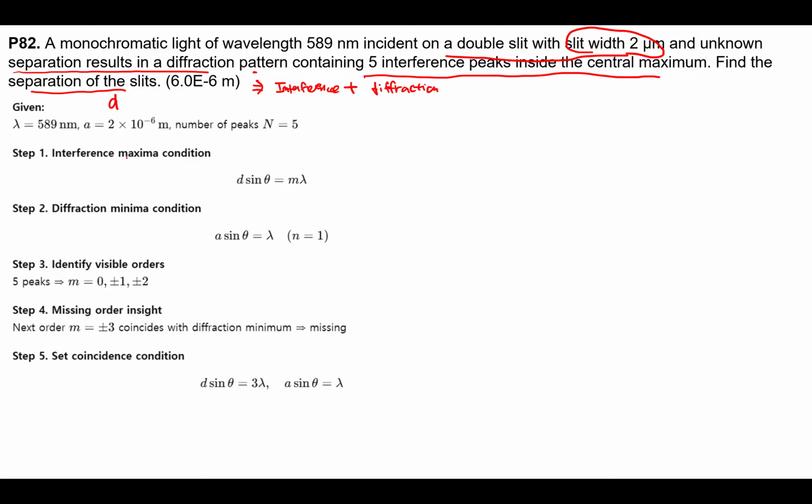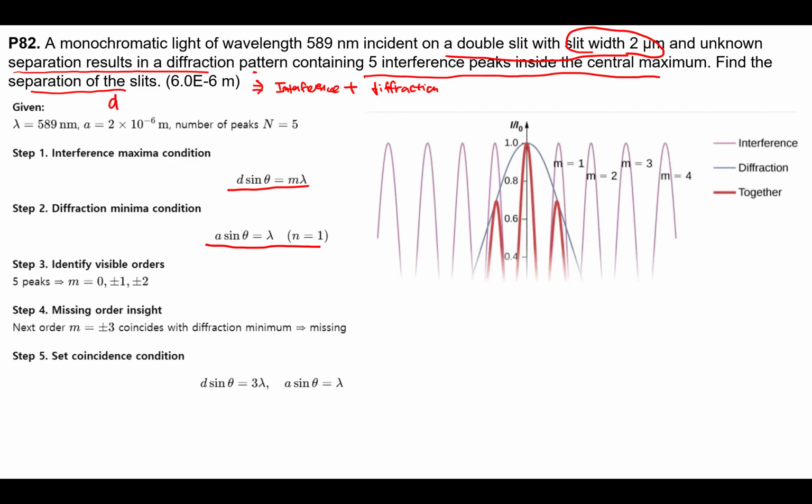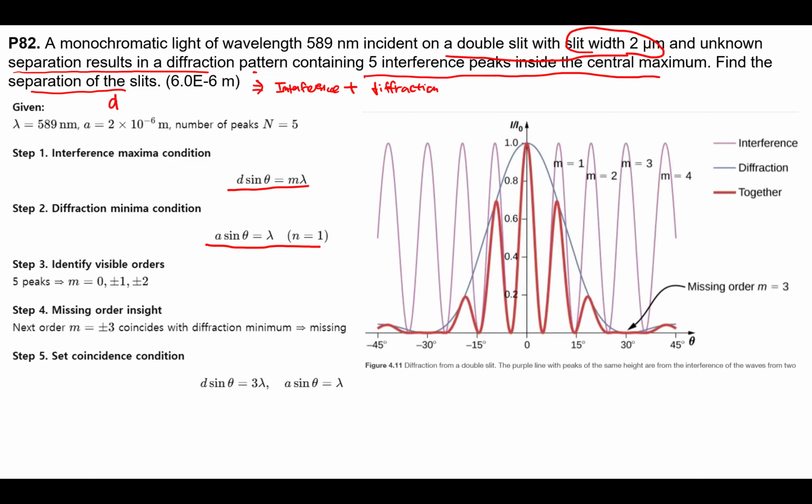Okay, the interference maximum condition is given by this one. The diffraction minimum condition is this one. And we need to find the visible peaks. So here is the case. We have seen it in the lecture. Interference is this, diffraction is the blue line, and altogether you get this one.